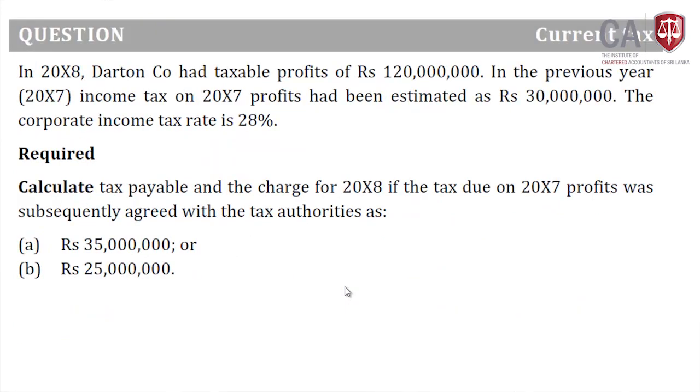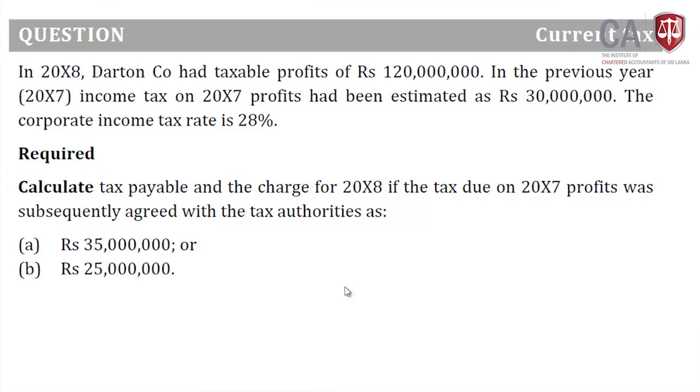Look at this example. In 2008, Darton company had taxable profit of 120 million. In the previous year, 2007, income tax on 2007 profit had been estimated at 30 million. Right? 30 million is the income tax figure.